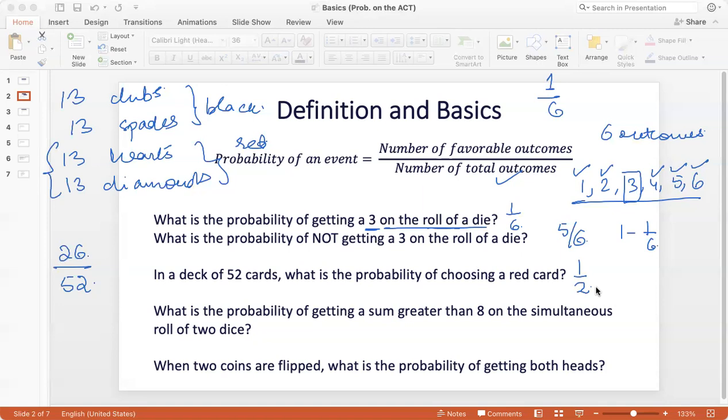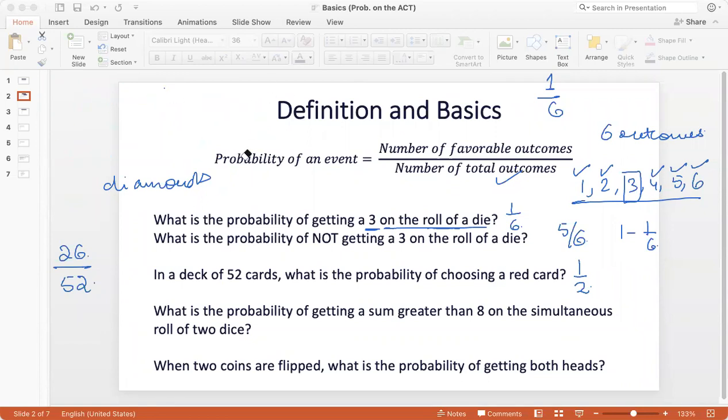What is the probability of getting a sum greater than 8 on the simultaneous roll of 2 dice? So let's look at this one. We have sum greater than 8. First, let us find the total number of outcomes, right?